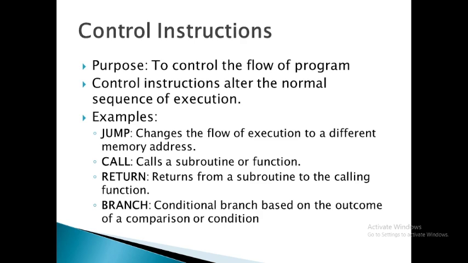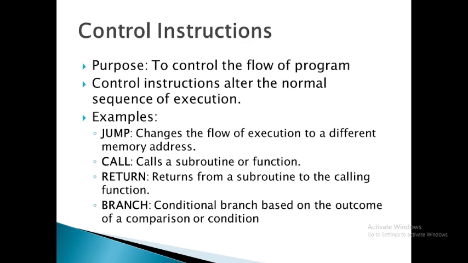Then we have control instructions, whose purpose is to control the flow of the program. Now, these control instructions alter the normal sequence of execution. For example, we have jump, which changes the flow of execution to a different memory address.